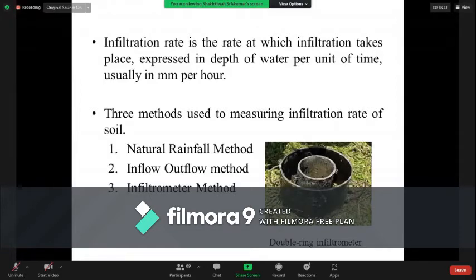There are three methods used to measure the infiltration rate of the soil. The first method is the natural rainfall method. Second one, the inflow-outflow method. And the third one is the infiltrometer method. In today's practical, we will discuss the infiltrometer method.